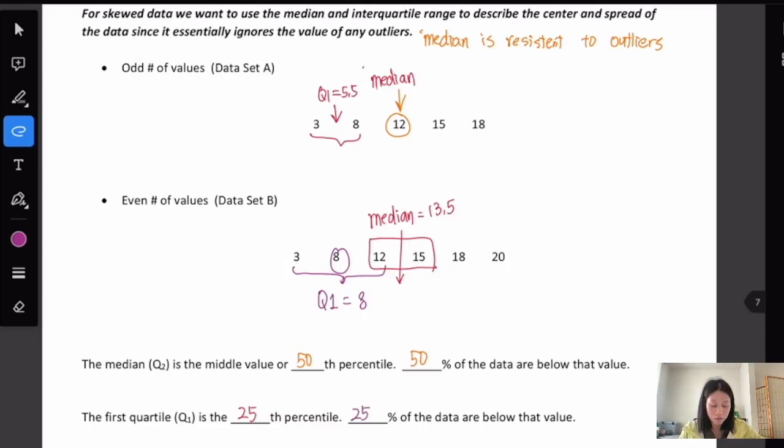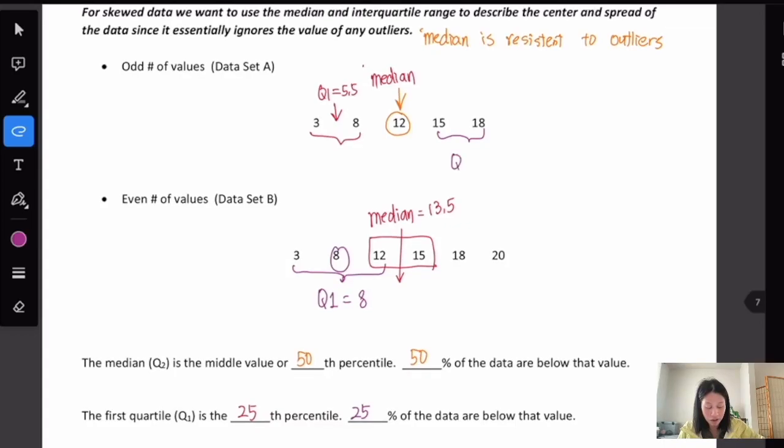So on the first data set, your median is already used. So when we calculate Q3, we just need to consider the rest of the data, which is 15 and 18, and use that to find the middle, since you have two data. So the middle of these two data is going to be 16.5. You use 15 and 18 divided by 2.